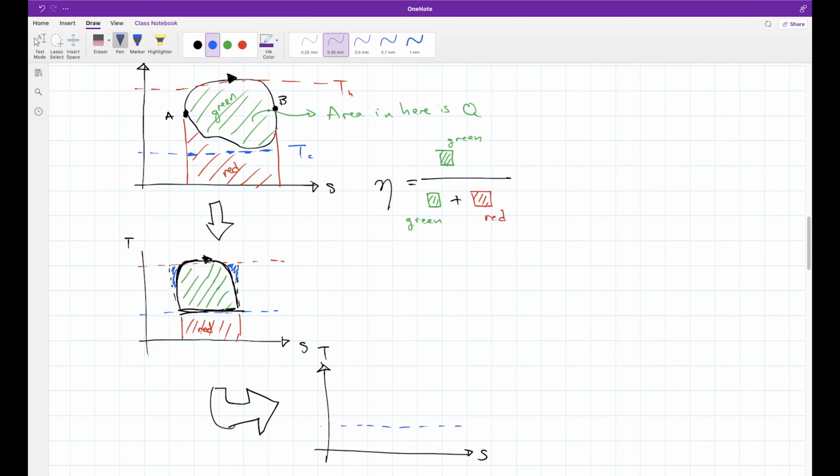But once we fill that in, look what shape we've arrived at. It's the Carnot engine.